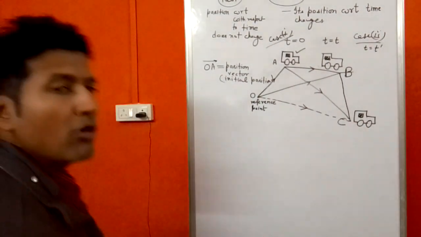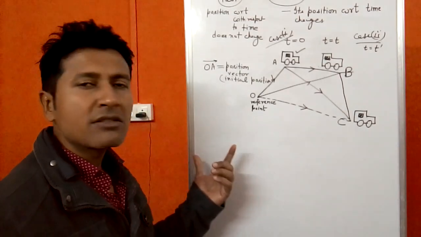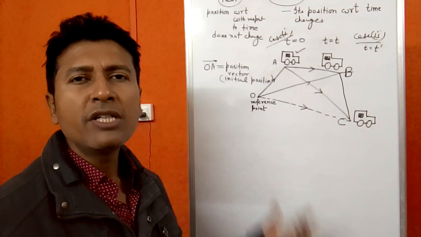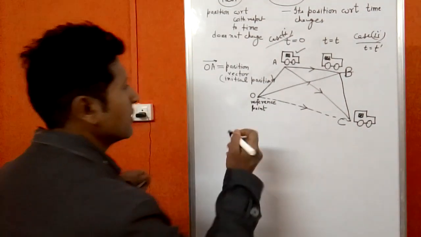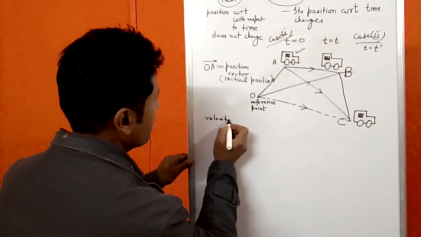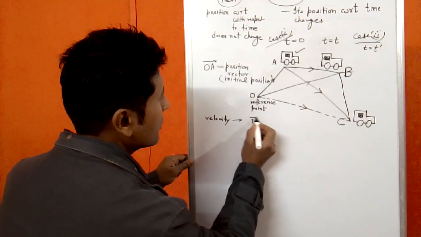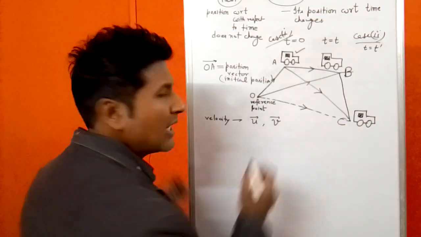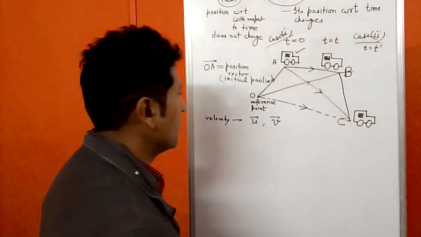Before we start, in physics we have various notations by which we denote any physical quantity. For example, if velocity has to be measured, generally we use small u or capital V or small v like this, right?